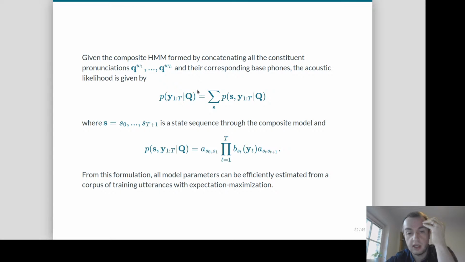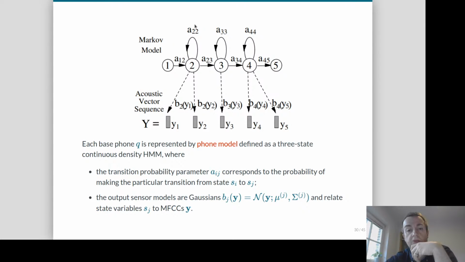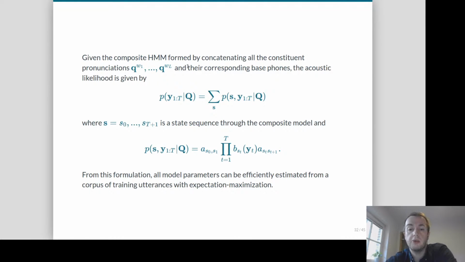That means we would need to loop over, or consider, all possible hidden states in our Markov process, right? We would need to consider all possible states, and then for each of them, we could associate the corresponding probability of the acoustic model, right?